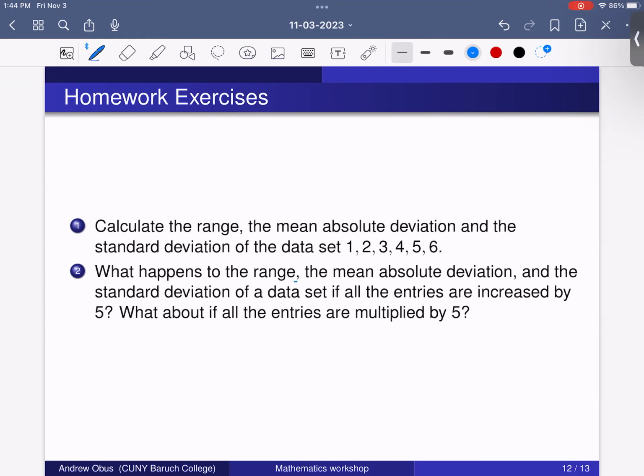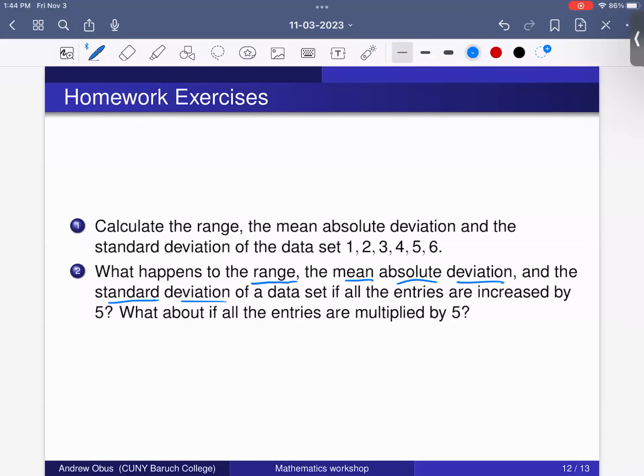What happens to the range, the mean absolute deviation, and the standard deviation of a data set if all of the entries in the data set are increased by 5? That's the first question. And the second question is, what happens if you multiply all the entries by 5? Notice I'm not giving you a data set there.